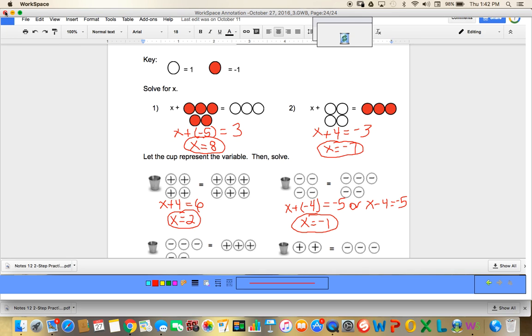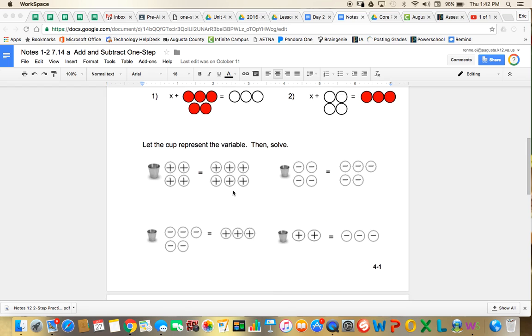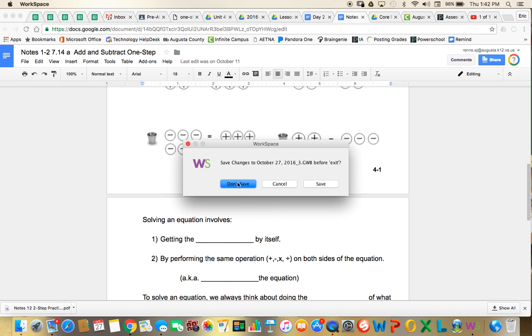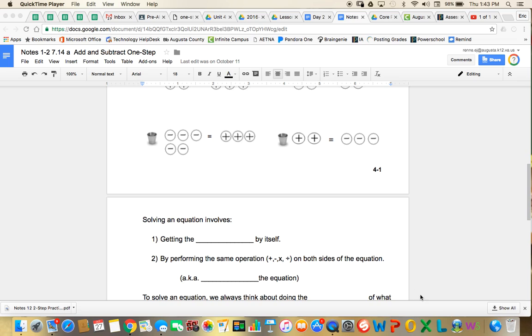Okay, moving on to the bottom. Okay, we have a variable plus 5 negatives equals 3 positives.